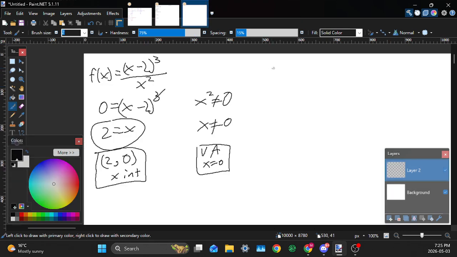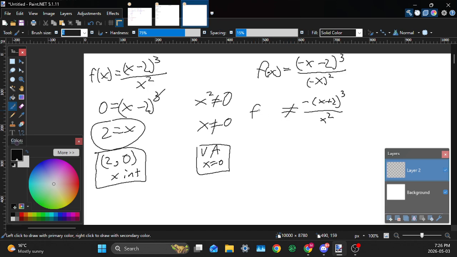As for symmetry, f of negative x equals (negative x minus 2) to the 3 over negative x squared, which when we simplify this down, we get (x plus 2) to the 3 over x squared, which does not equal f of x or negative f of x, which means there is no symmetry.